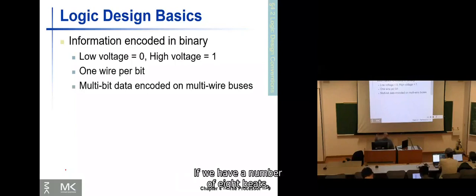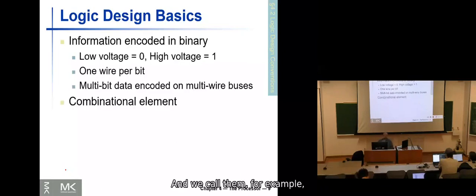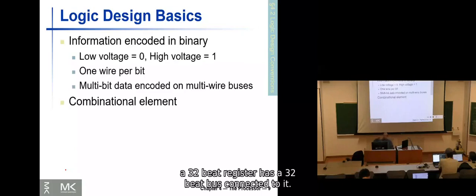So if we have a number of 8 bits, we have 8 wires, 32 bits, 32 wires. Multi-bit data is encoded in multiple wires, and we call them a bus. So for example, a 32-bit register has a 32-bit bus connected to it.